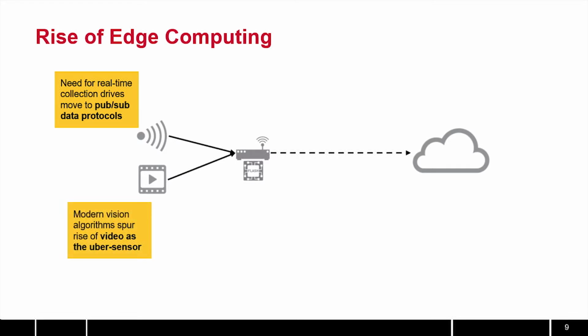Next, what we're seeing is these modern computer vision algorithms are paving the way for what I've been calling video as the Uber sensor. So I'm working with several customers who have had this realization that if you want to gain more visibility into your operations, there's a couple of ways you can go about it.